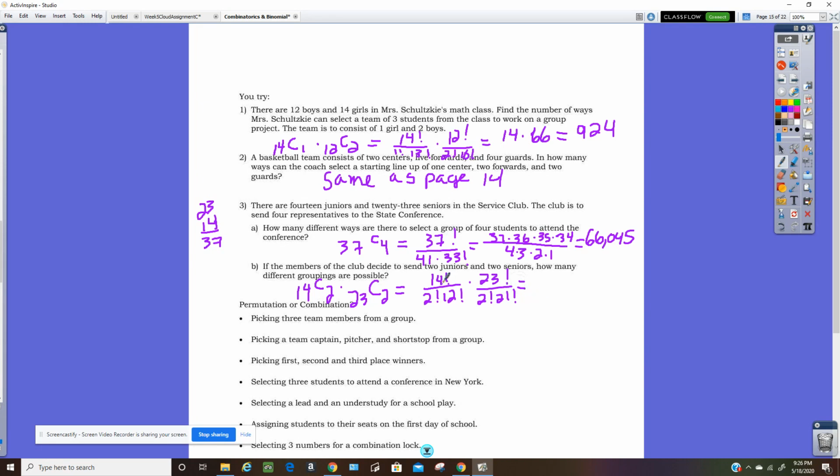So this would be 14 times 13 divided by 2, so it would be 7 times 13. And this would be 23 times 22 divided by 2, so 23 times 11.